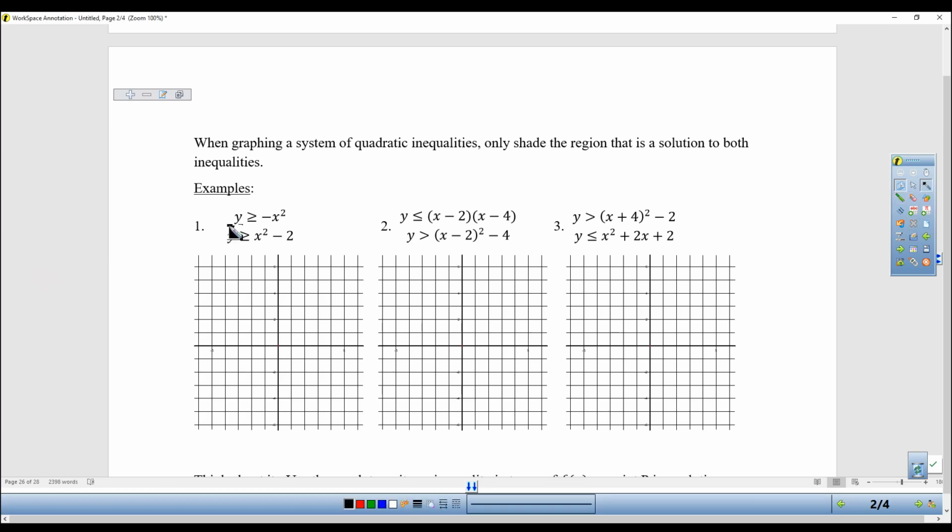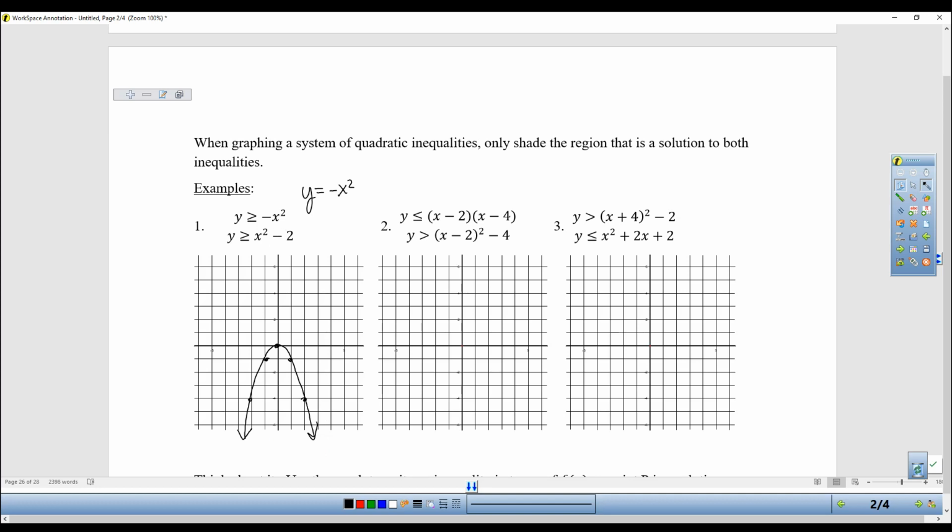So remember, how do we solve a quadratic inequality? How do we graph a quadratic inequality? I change it to an equal sign so that I can just make the graph. This is just a downward parabola, 0, 0, 1, 1, 2, 4. It's a solid line. I can't test the point 0, 0.